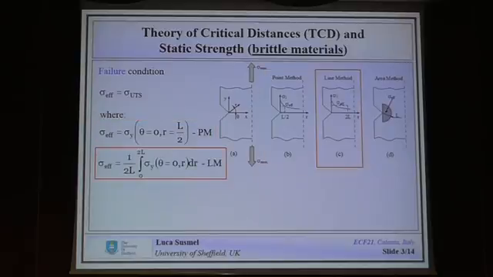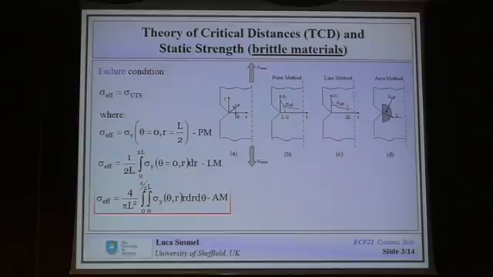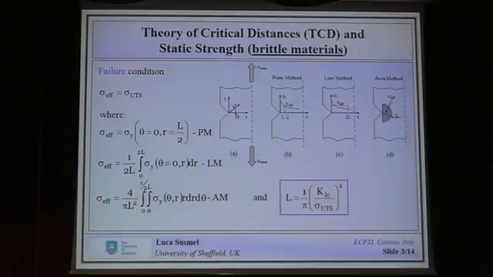But also, you can calculate the same effective stress by averaging the stress along a line having length equal to 2 times L. Or finally, you can average the stress over an area, a semicircular area having radius equal to L. And if you go back to, for instance, David's book, you would find this nice formula to calculate L, which is simply based on the plane strain fracture toughness of the material and the material UTS. So, this is a classic formula.